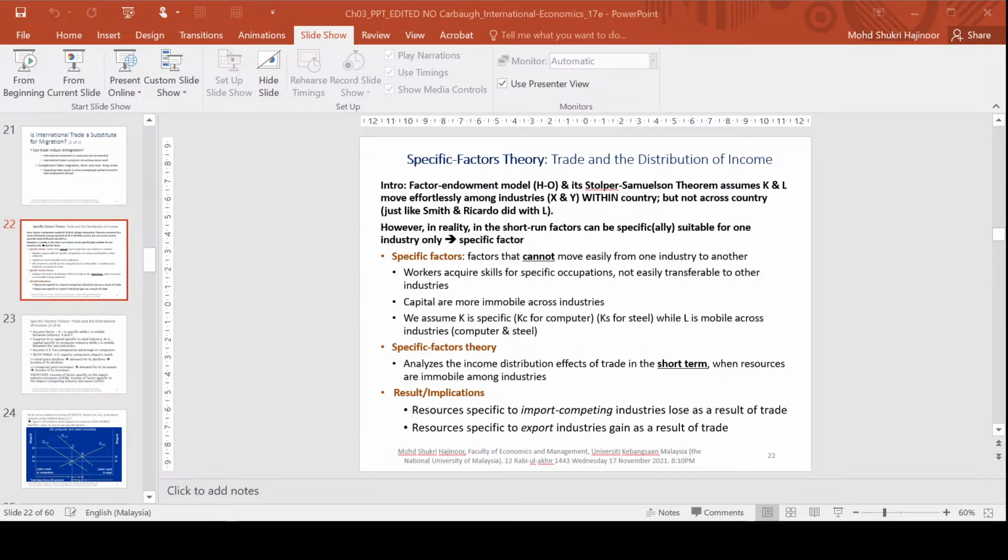This is only in the short term: resources, or factors, are not mobile, we assume, in the short term. In the long term, they will be mobile, and we'll go back to the normal situation. The result is that resources specific to import competing industries will lose.